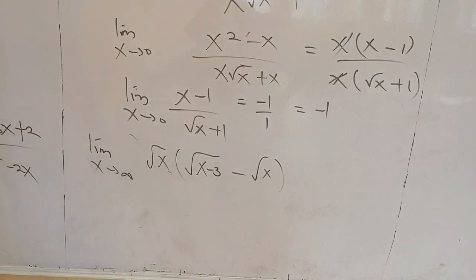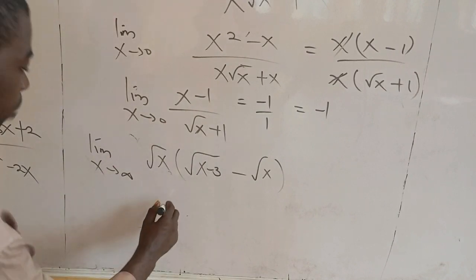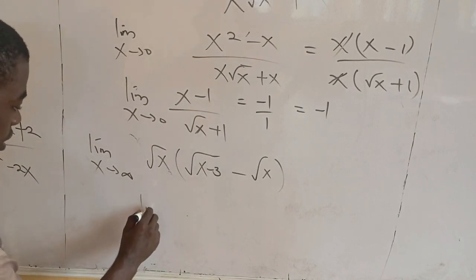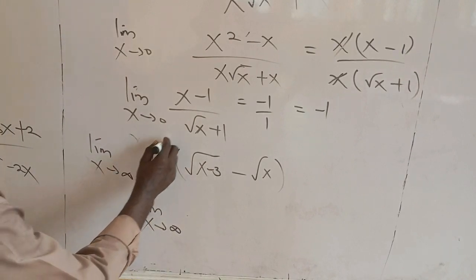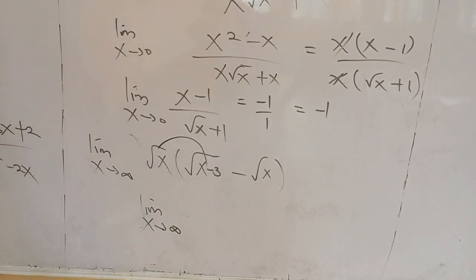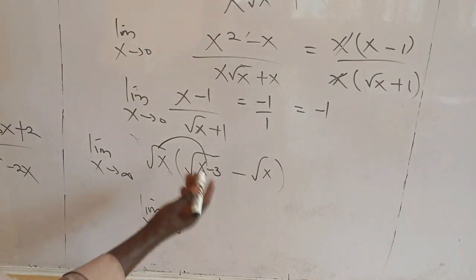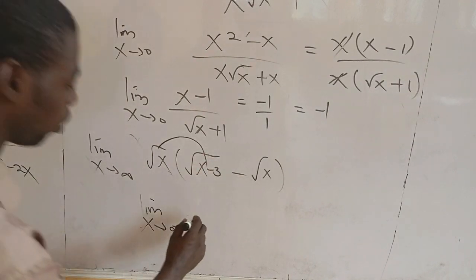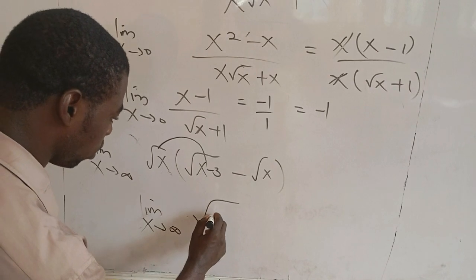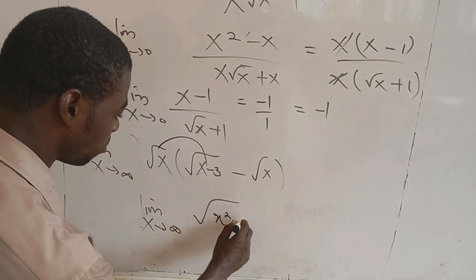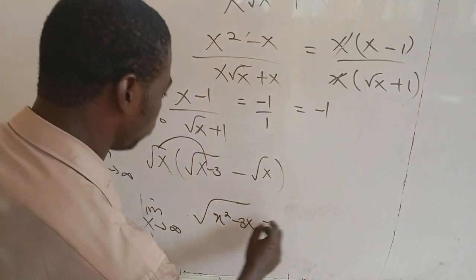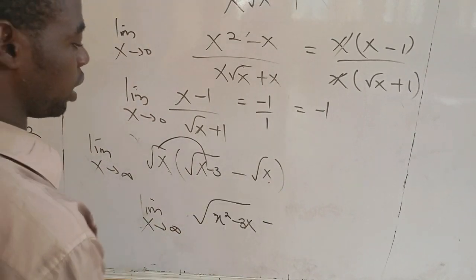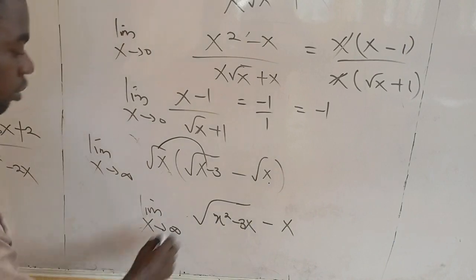So we are going to simplify it by rationalization. By expanding, we'll get the limit as x approaches infinity of root x times root (x minus 3), which gives us x squared minus 3x, minus root x times root x, minus x.